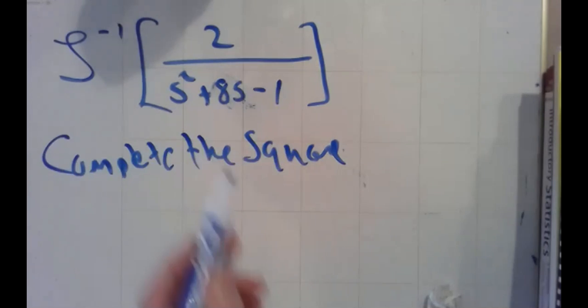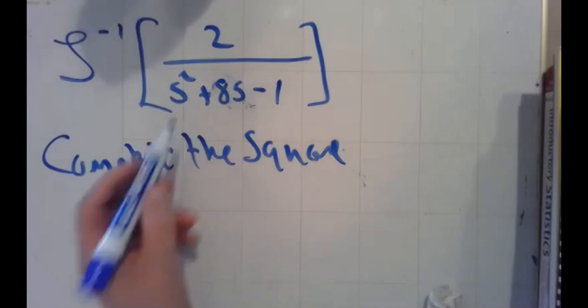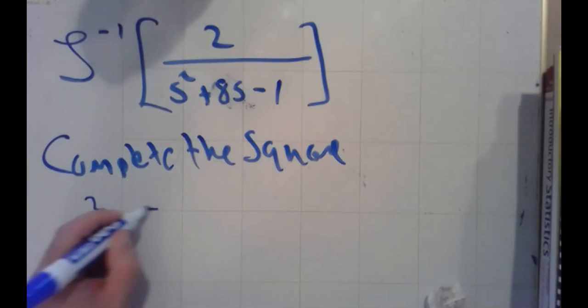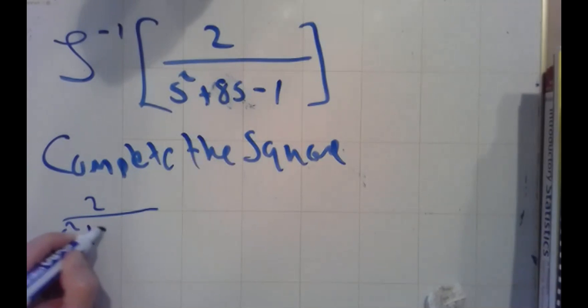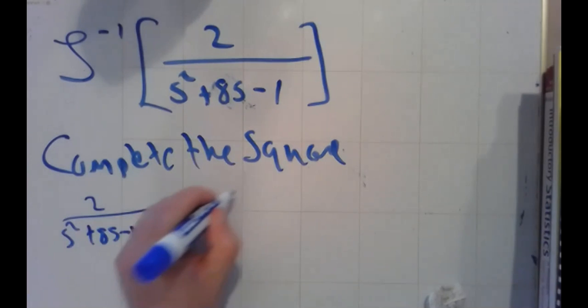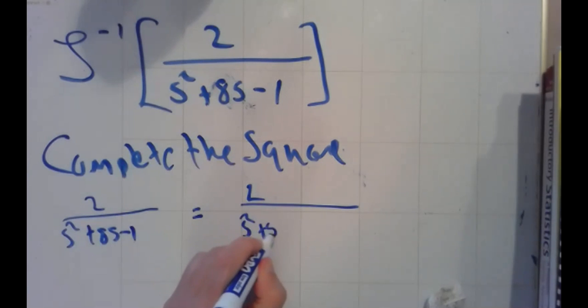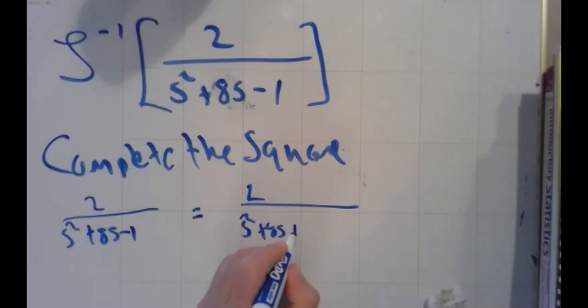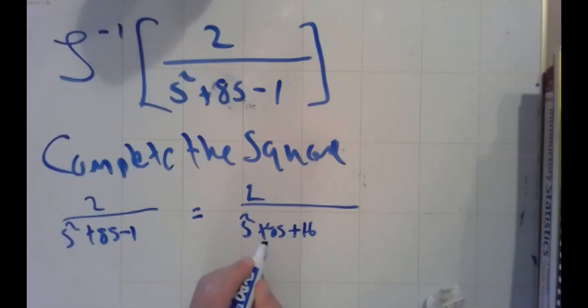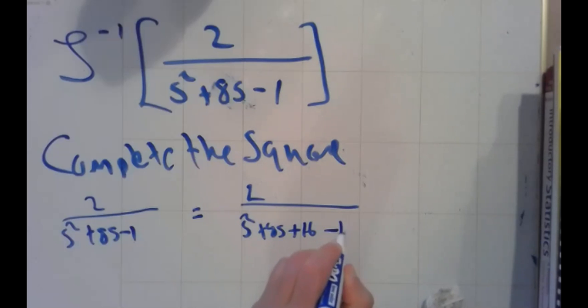In the denominator, I'm going to rewrite this as s squared plus 8s plus 16, minus 16 minus 1.